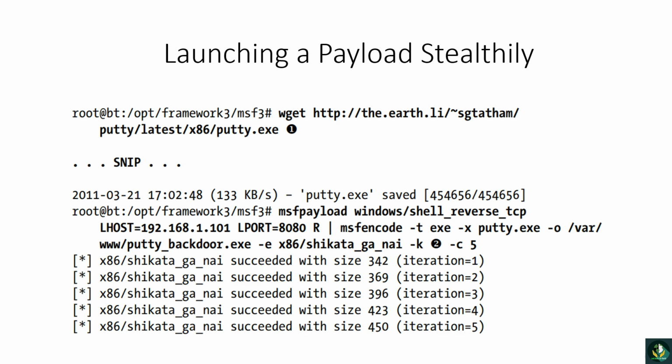So in this example, we download PuTTY, the Windows SSH client, and then embed the payload into PuTTY using the -k flag. The -k flag configures the payload to launch in a separate thread from the main executable, so that the application will behave normally while the payload is being executed.